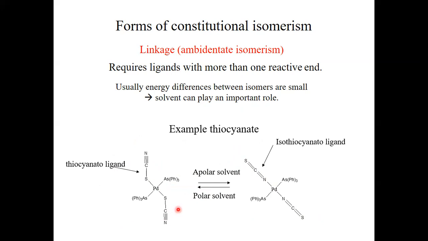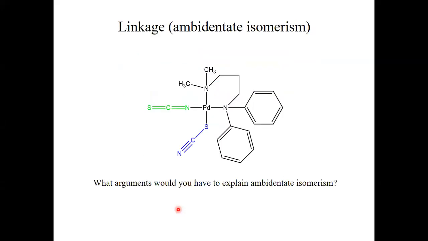So there are also other examples of ligands that can be ambidentate. But before we go to that, here's just another interesting example in which the thiocyanate ligand binds differently within the same molecule.